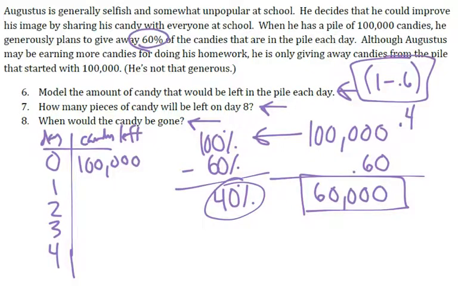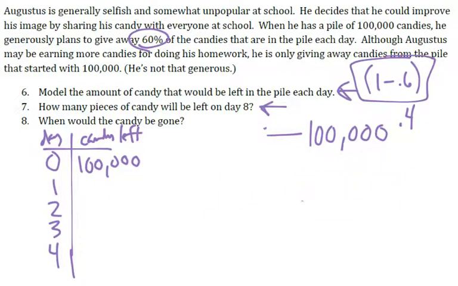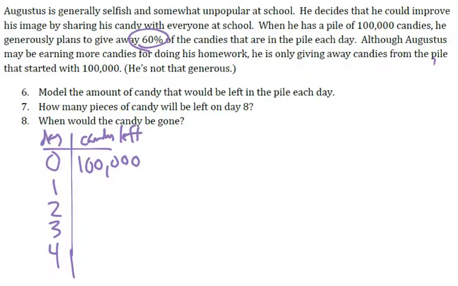So whenever you're dealing with percents, you've got to pay attention to really what percent we are dealing with. Since we're taking away 60%, but we want to know what's left, we're actually multiplying by 0.40.